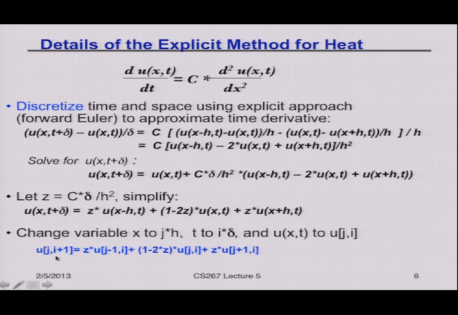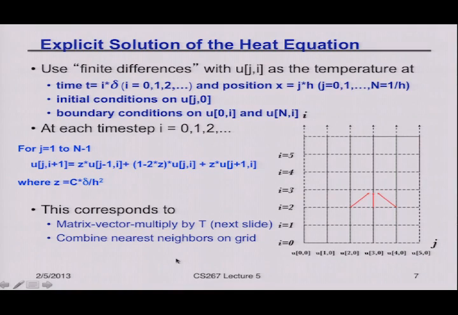And so finally, there's the formula. I'm going to have a formula for how to update my array. I know all the temperatures at time i, and I want to know the temperatures at time i plus 1, and I just compute this linear combination. This just repeats what I said before. I want the temperatures at time i and position j, and at each time I'm going to have this array of temperatures.